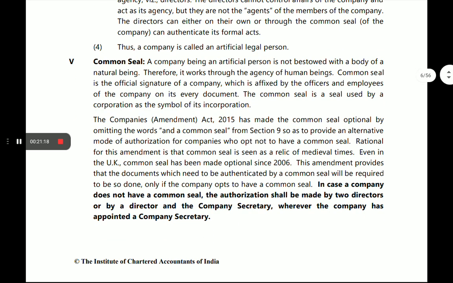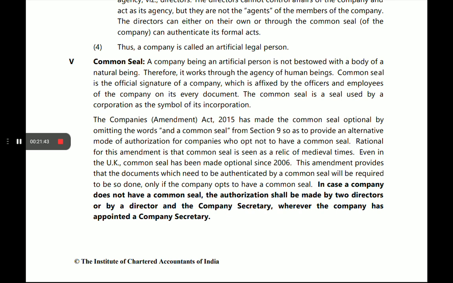The Companies Amendment Act 2015 has made the common seal optional by omitting the words and a common seal from Section 9, so as to provide an alternative mode of authorization for companies who opt not to have a common seal.